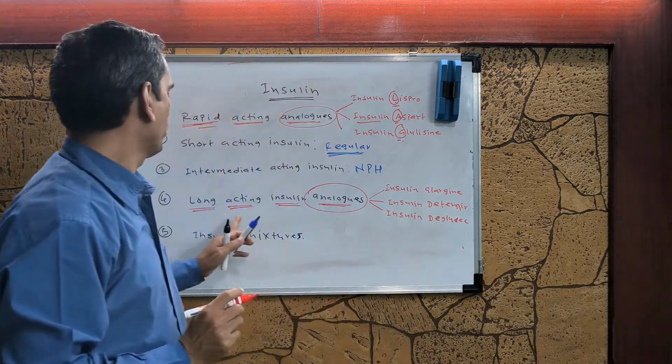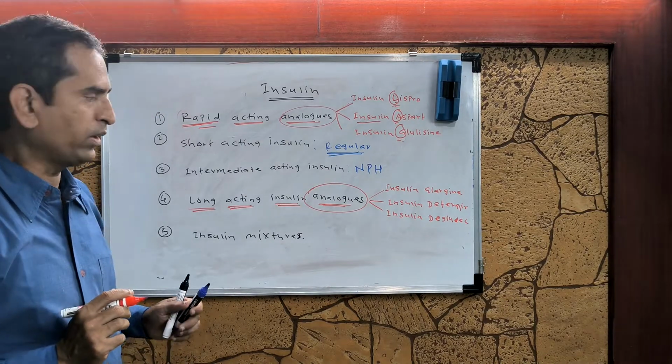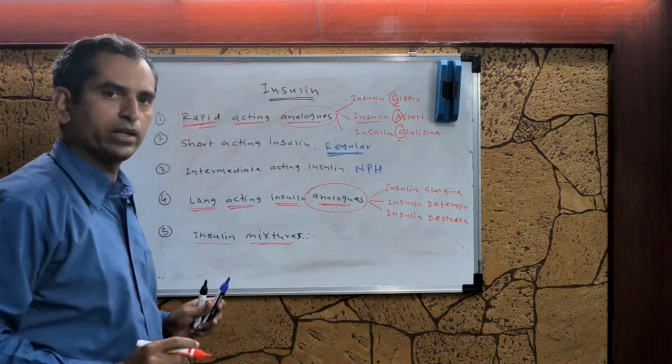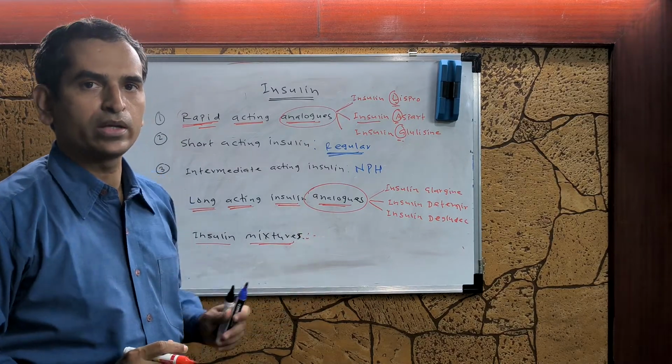These are the examples of long acting insulin analogs. And then we have the insulin mixtures, which are a combination of short acting insulin and long acting insulin.